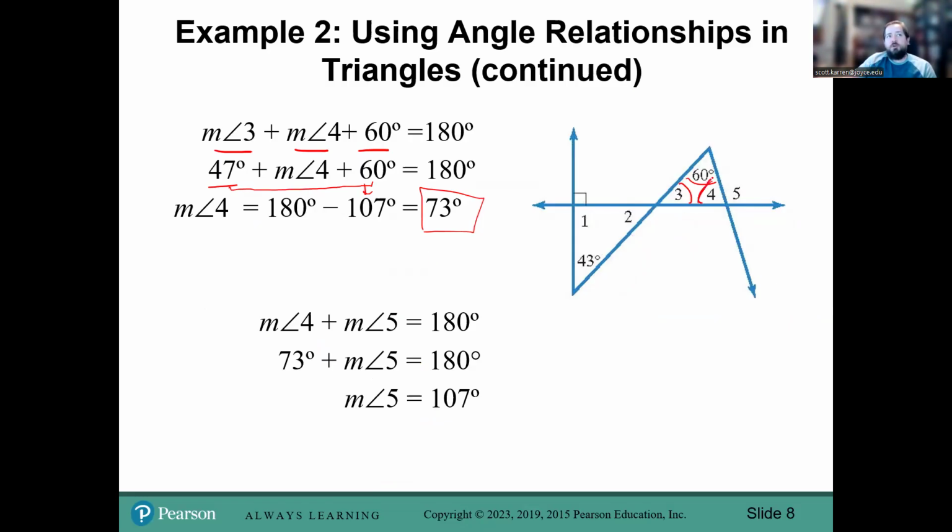But now angle 4 and angle 5 are supplementary. Complementary means they add up to 90 degrees. Supplementary means they add up to 180 degrees. So because angle 4 and angle 5 equal 180, and I know angle 4 is 73, if I subtract that from 180, then I have angle 5.